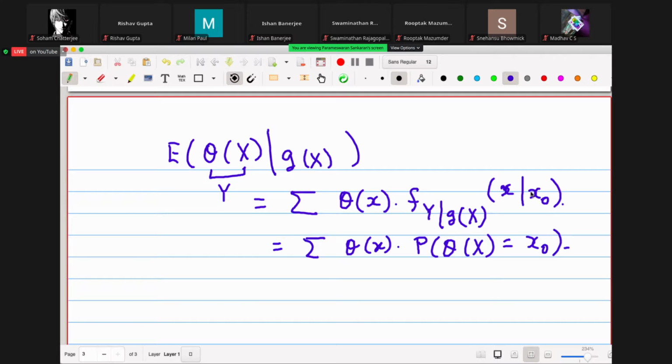So g of this is g of x naught, which is theta of x. Let me write here g of x equals x naught.